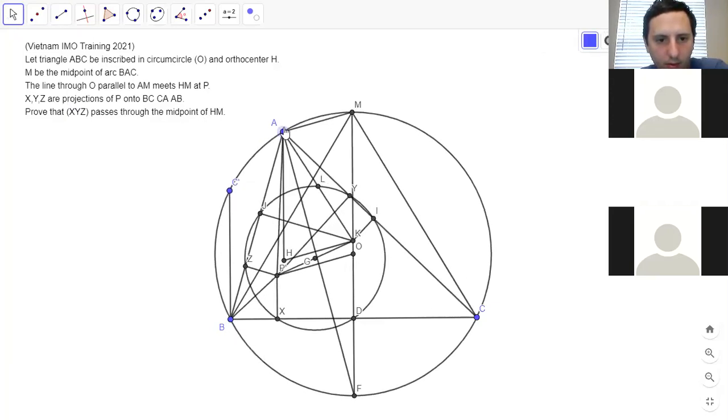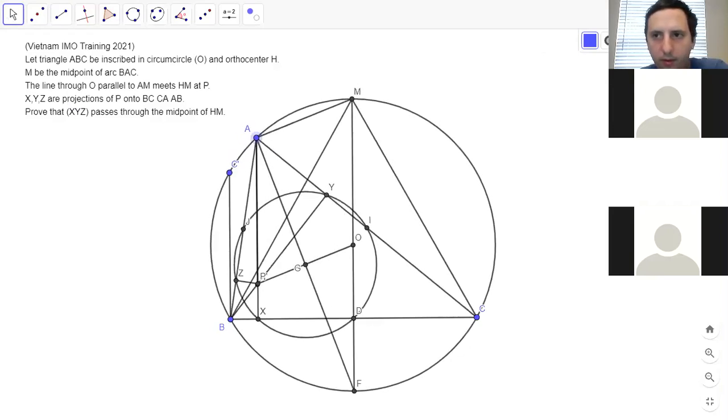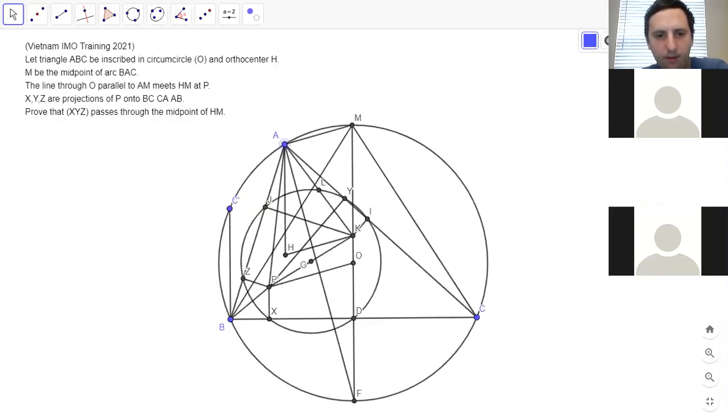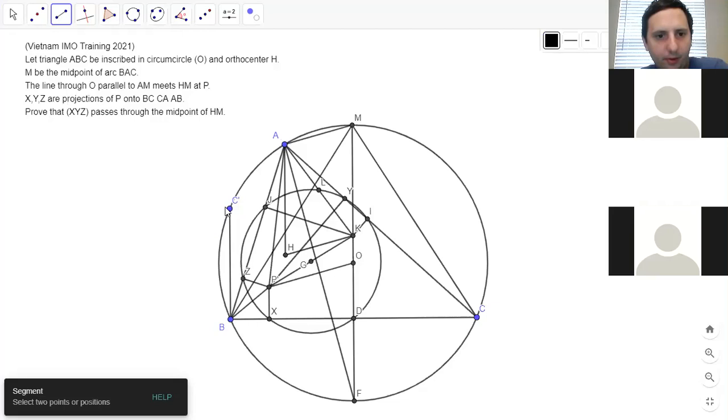Is that right? Yeah, they're isogonal. I don't know if I can use the isogonal line lemma again.